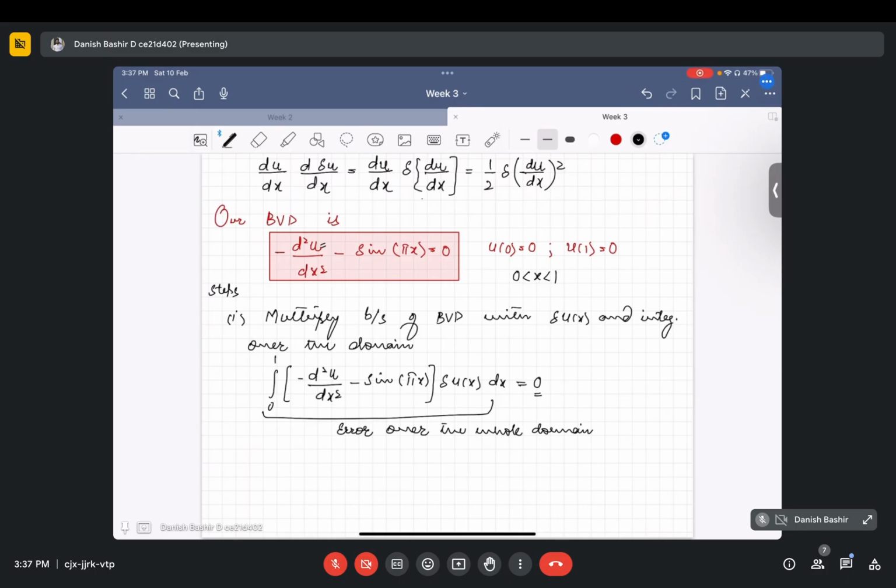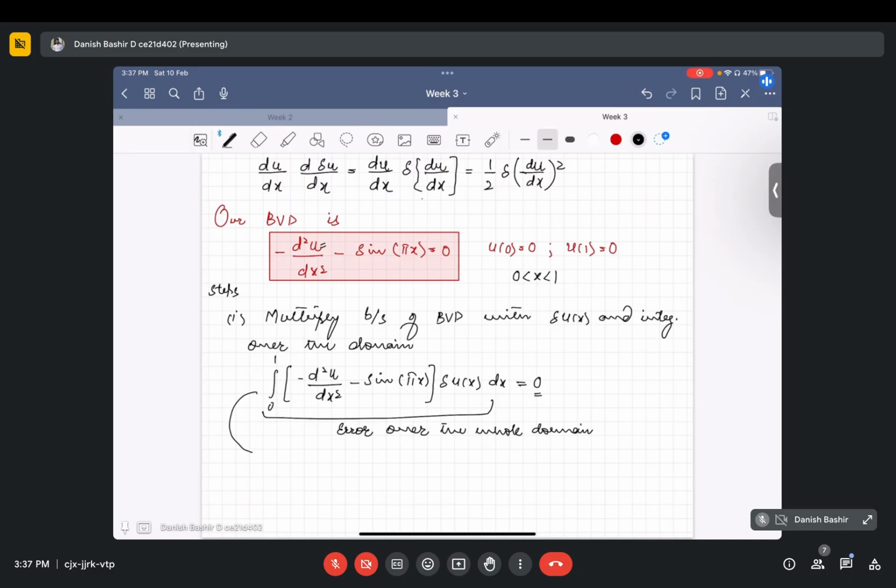After that we use integration by parts to reduce the order of the highest derivative. The highest derivative is d2u by dx square, the order is second, and we lower the degree as much as possible. In this case, the first term involves the derivatives, and thus we integrate by parts.